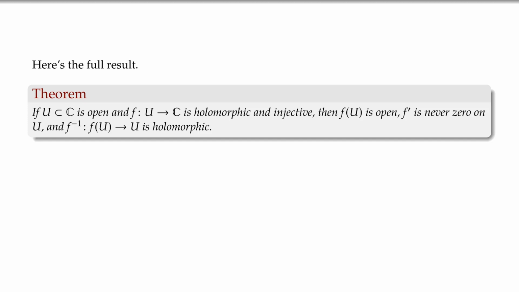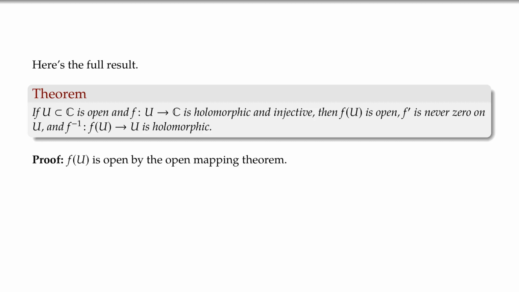So for biholomorphisms, we just need injectivity. We get automatically that F prime is never zero, and we get automatically that the inverse is holomorphic. So if we have a holomorphic function and want to see whether it is a biholomorphism, we only need to check injectivity. We only need to check that it is one-to-one.